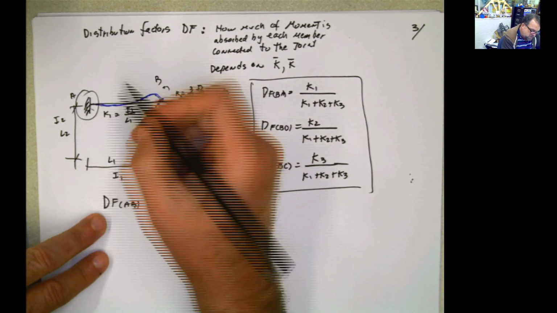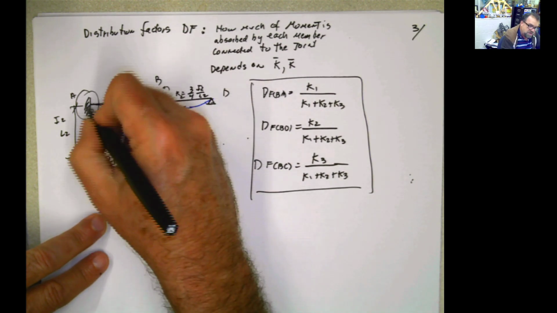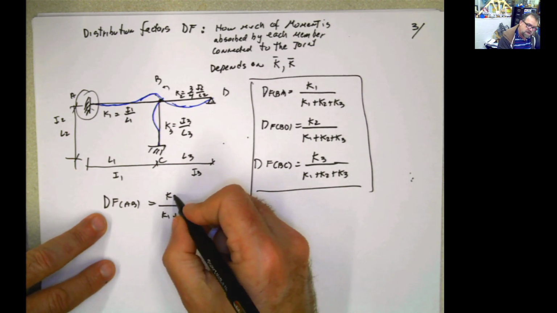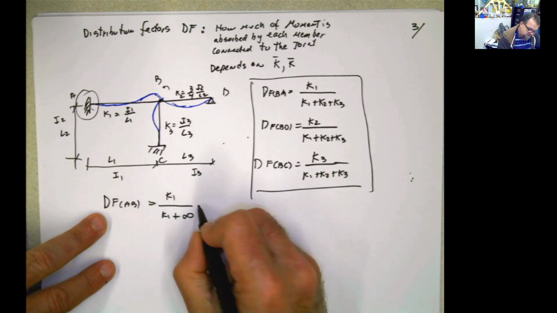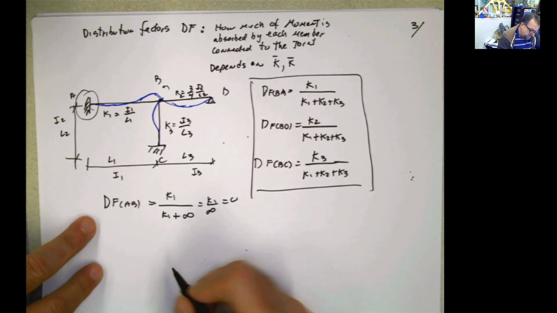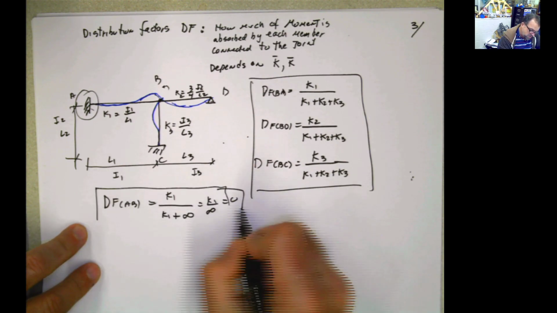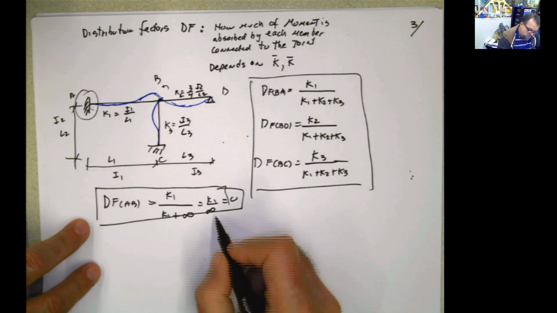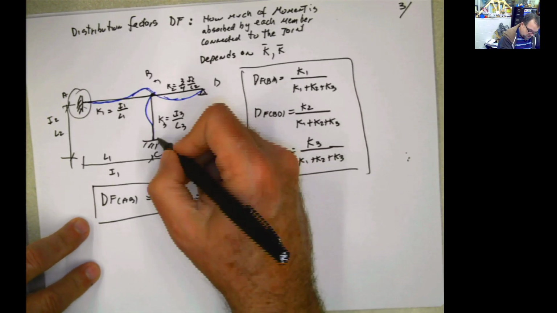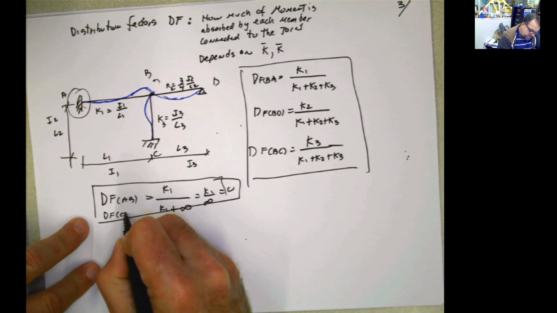The stiffness of that joint is this stiffness, K1, plus the stiffness of the fixed support, which is infinite. So basically what we are doing here is K1 divided by infinite, and K1 divided by infinite is 0. Meaning every time that you find a fixed support, the distribution factor for the fixed support is going to be 0. And this one is going to be also the distribution factor for CB.